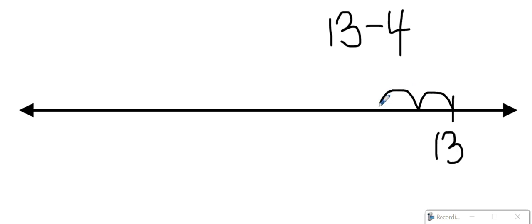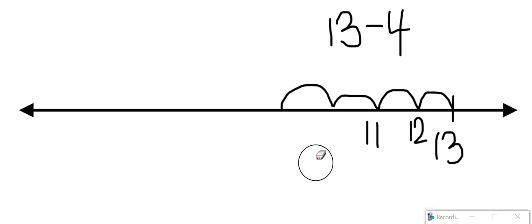1, 2, 3, 4. So let's see how many I would have left. I'm going to count backwards. 13, 12, 11, oh, I think I'm going to erase that, make that a little bit neater. 10, and 9.